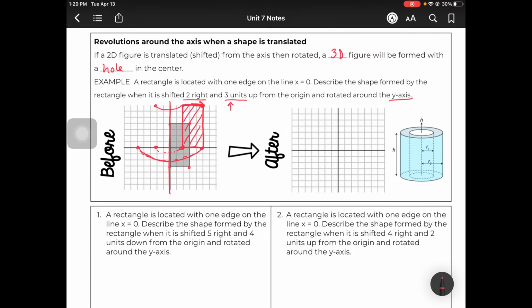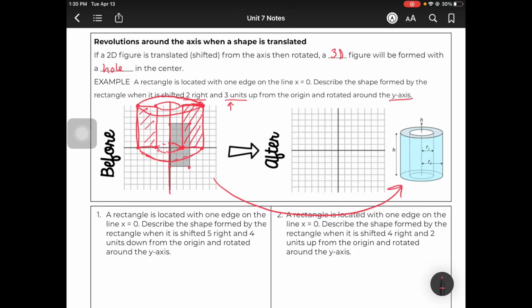The top one rotates to over there, the same distance away on the other side. It's kind of like we're doing a reflection to find that other piece. And the top right corner goes all the way over there, and then it would rotate back around the other side. We get this shape here that almost looks like a tire. It's a cylinder with a cylinder hole cut through it, with this hole shape in the middle.